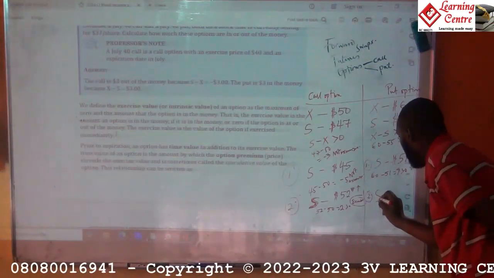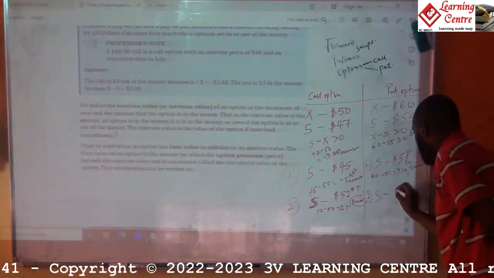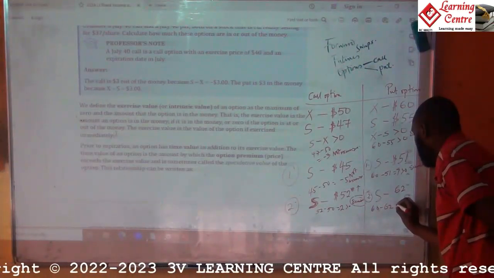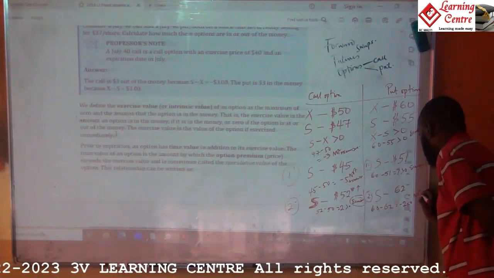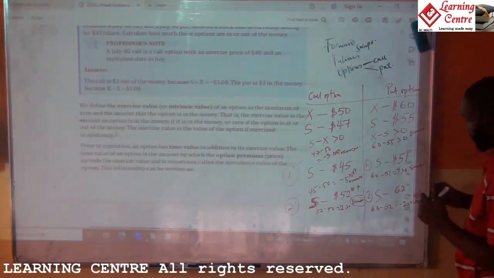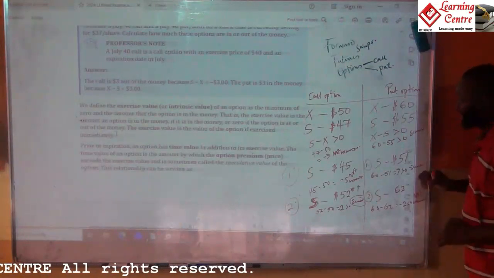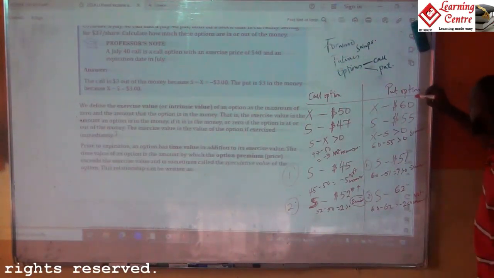If I take it up to 62, now 60 minus 62 is minus 2, which is less than 0. So I will not exercise. Good. So in this first example, the maximum benefit that this put option can get is 60.